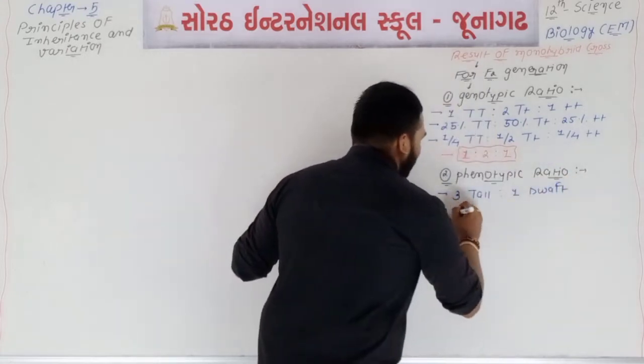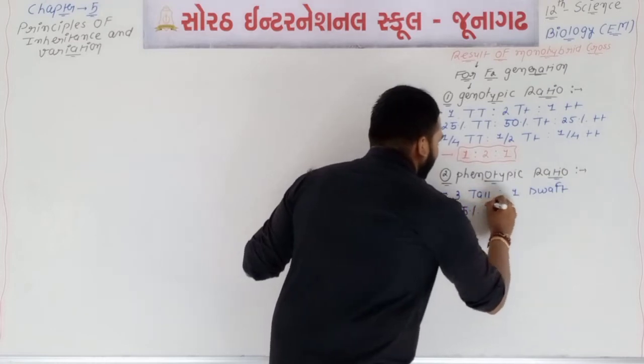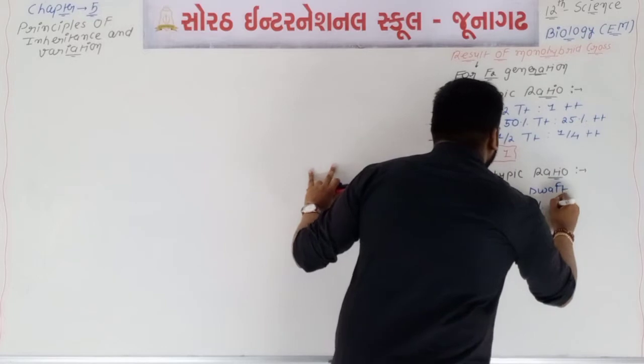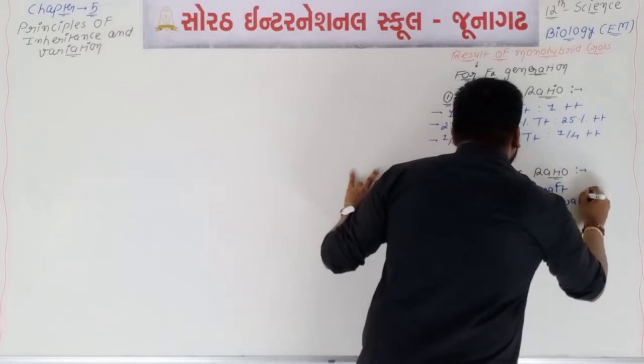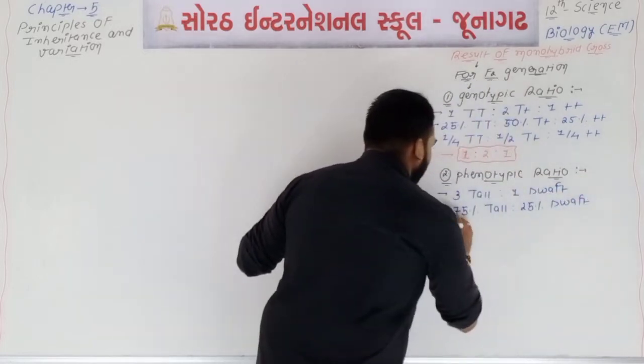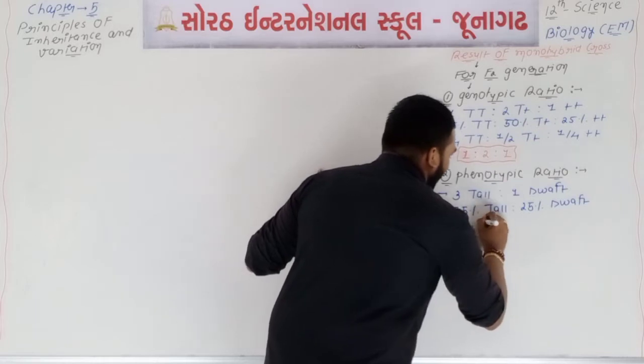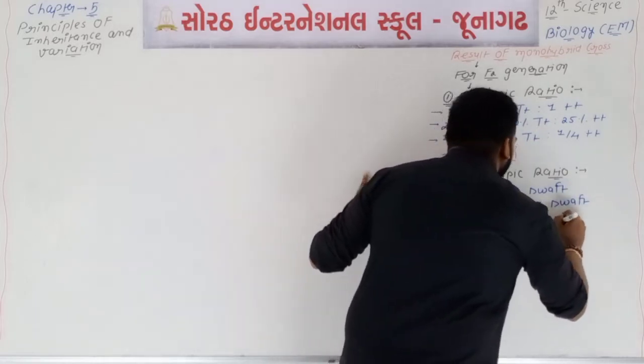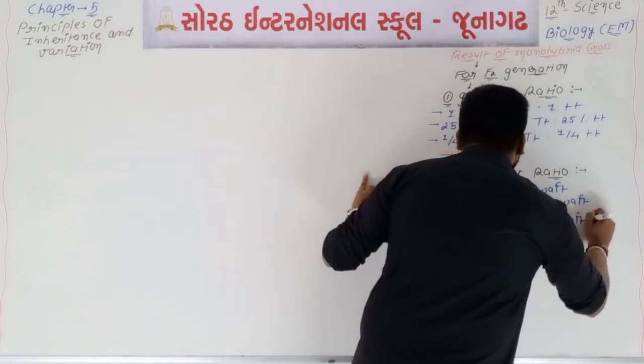It means 75% tall plants is to 25% dwarf plants, or 3/4 tall plants is to 1/4 dwarf plants.